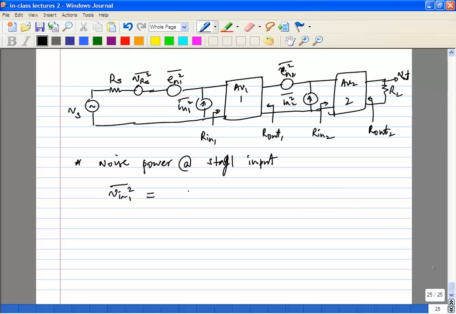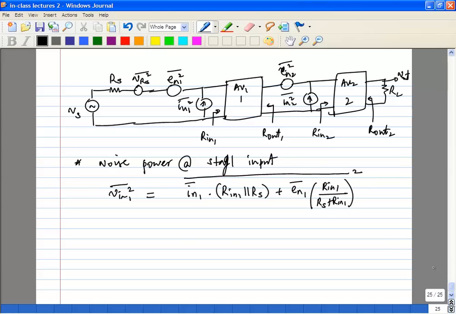So you're going to have In1 times Rs, that's the noise voltage from In1, plus En1, and you're going to take the square of this.